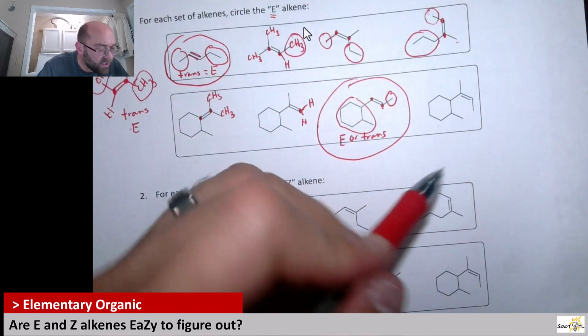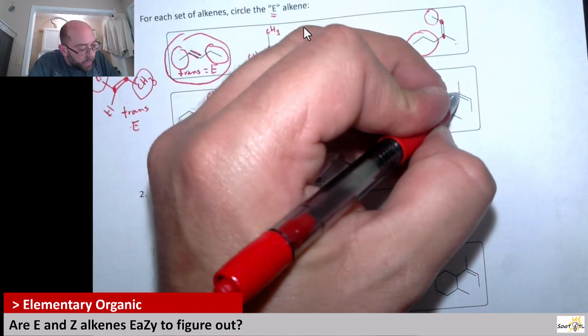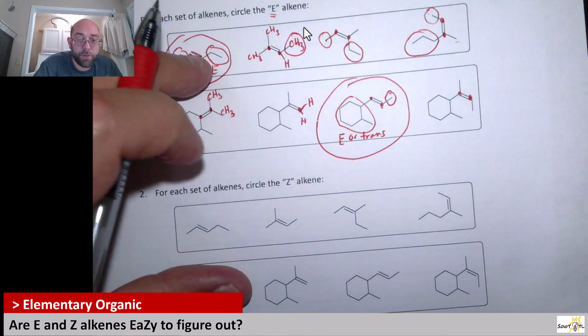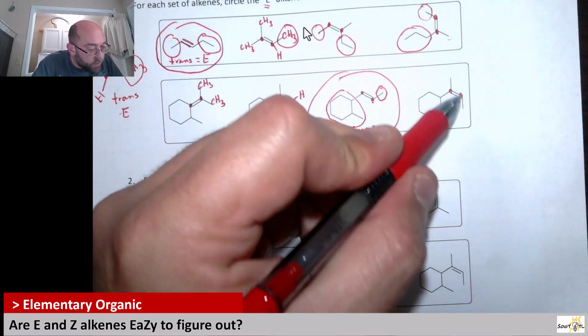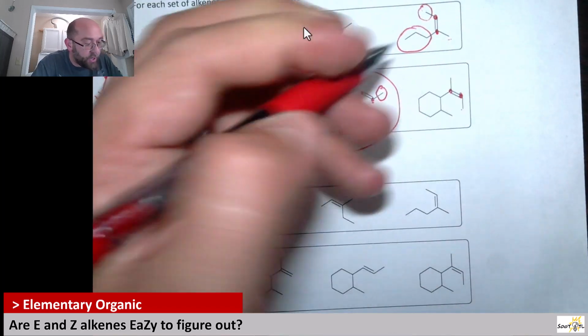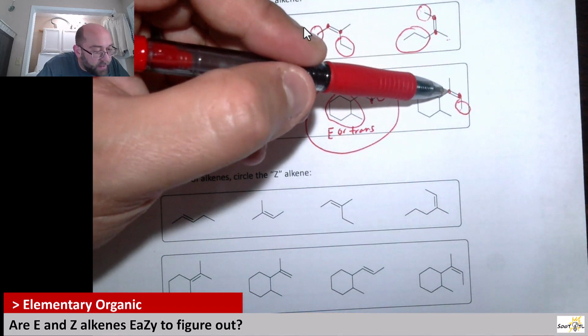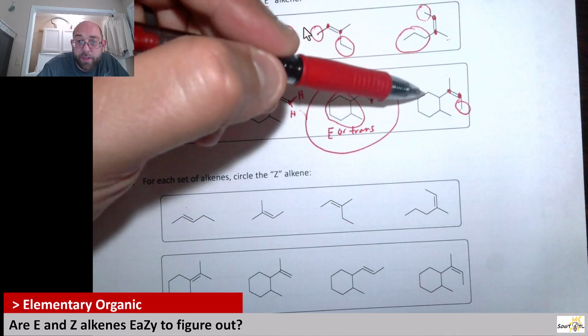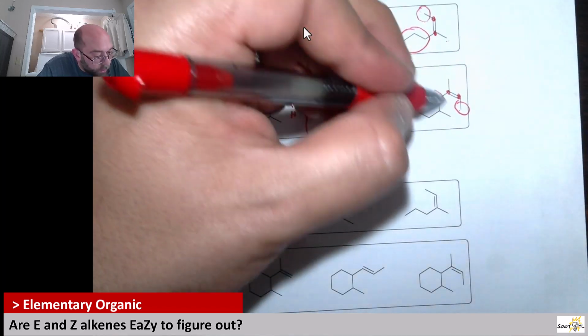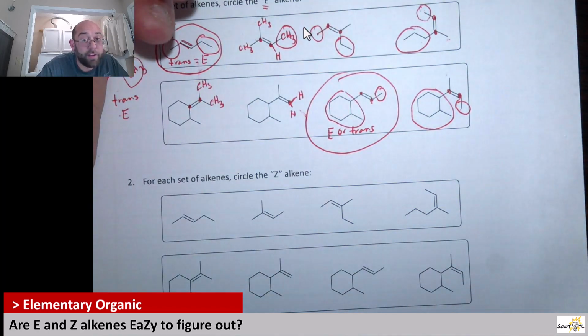And then let's look, what do we got here? We've got the two carbons with the double bond, and on this carbon it's easy because there's a methyl and an understood hydrogen. So here you got the higher priority group. Then you look at this carbon, and it's got a methyl and that big old ring. That big old ring is definitely the higher priority group.